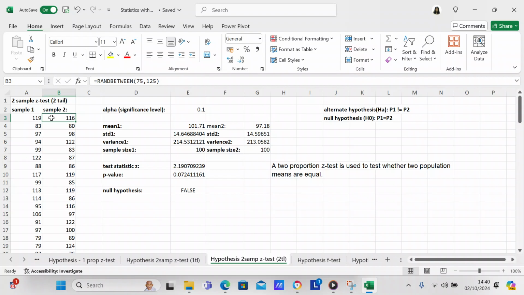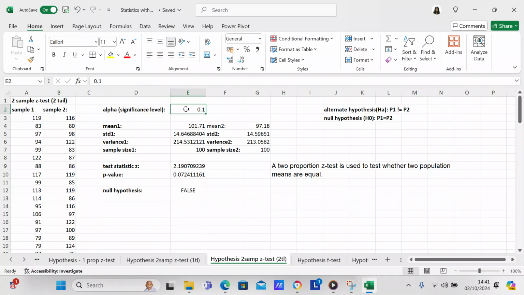After we've got our sample data, we want to set our significance level. You can set the significance level to whatever you want. It's usually 0.05, which is 5%, but it can be 0.1 or 0.5. At the moment, we have a significance level of 0.1, and the p-value is less than 0.1.